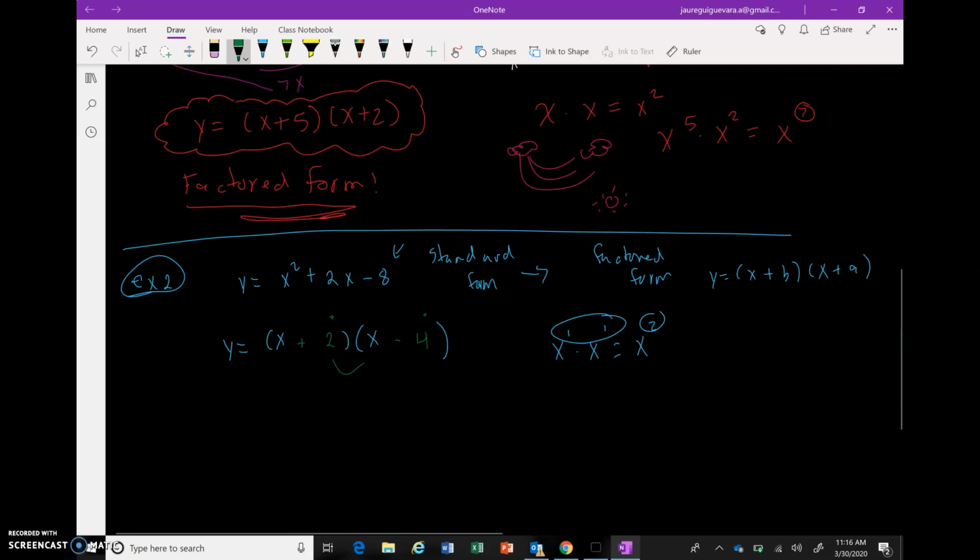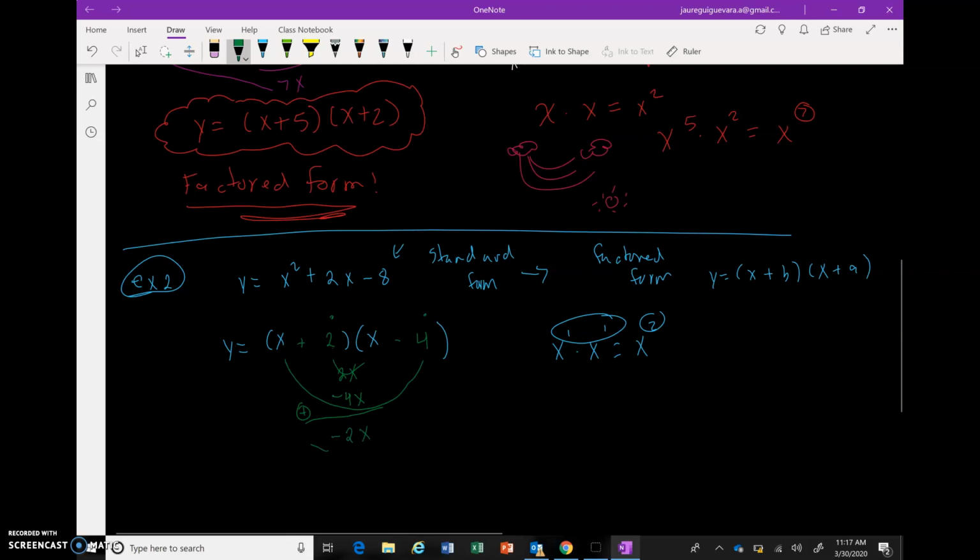So let me do my little rainbow thing. 2 times x gives me 2x, and -4 times x gives me -4x. You're basically combining like terms. So if I double check this, -4x plus 2x gives me -2x.